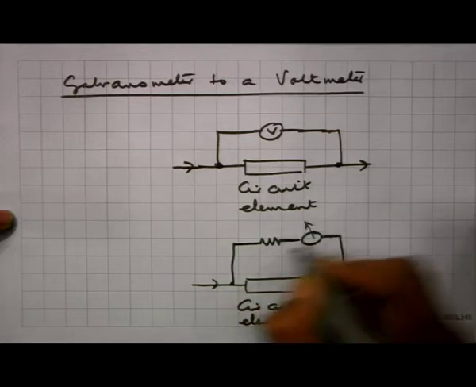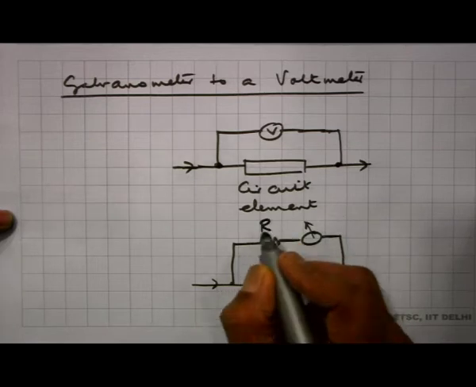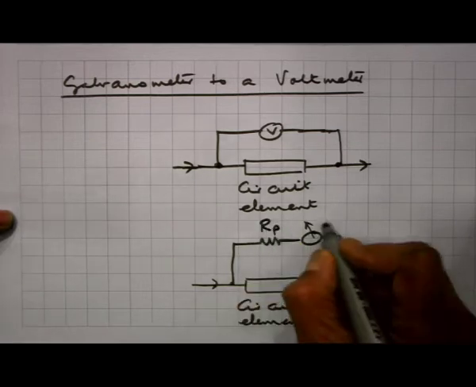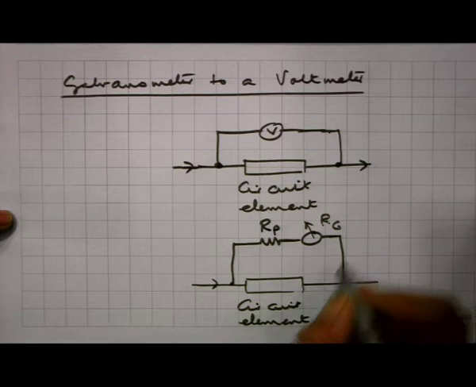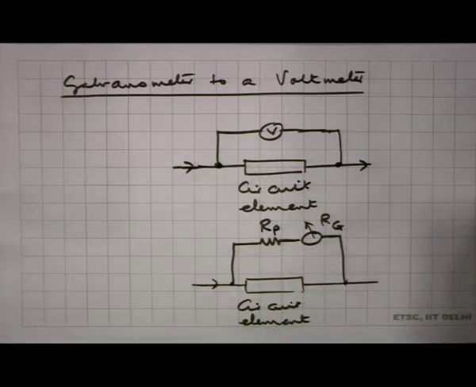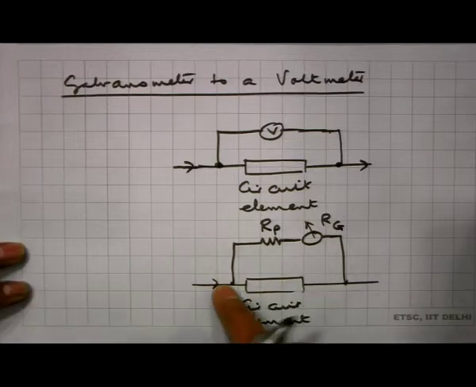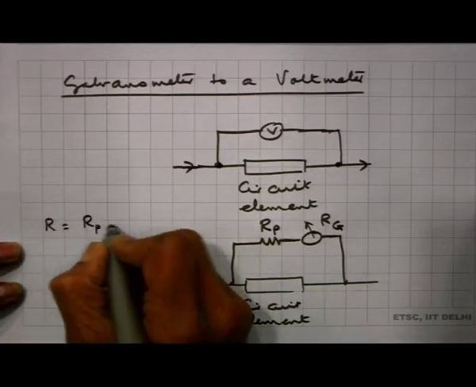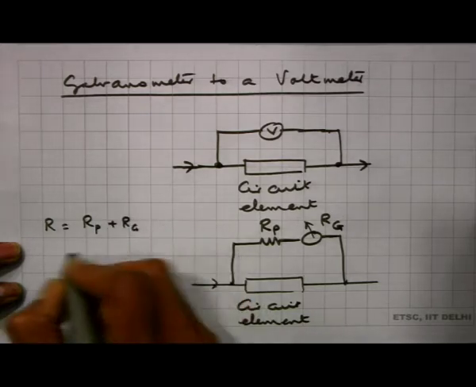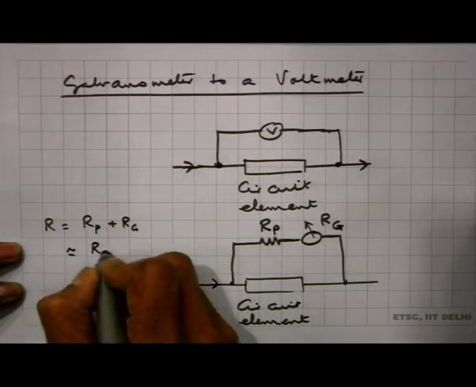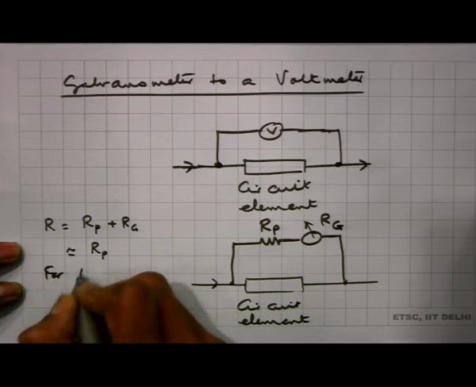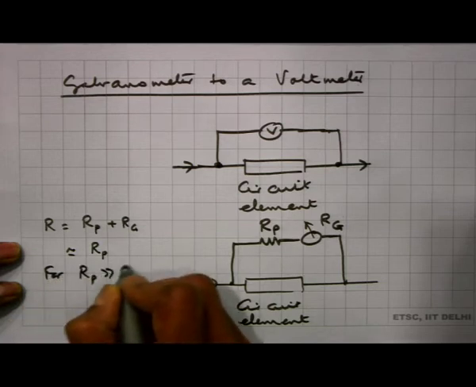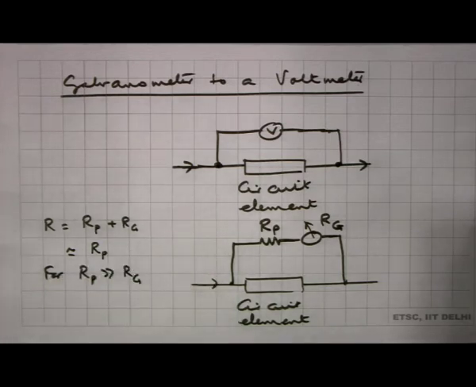That is the galvanometer, this is Rg, and this resistance, let me call it Rp. So, the total resistance of this part now is R equal to Rp plus Rg, which is approximately Rp for Rp much greater than Rg.